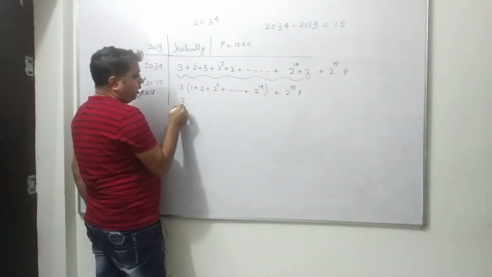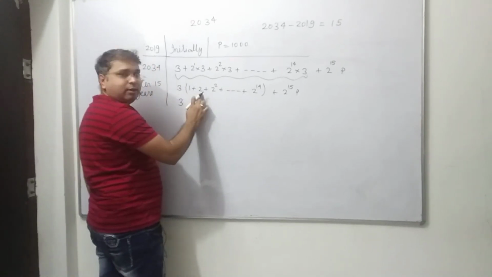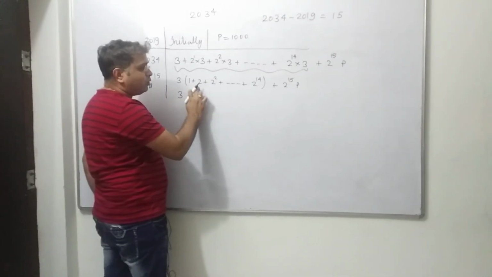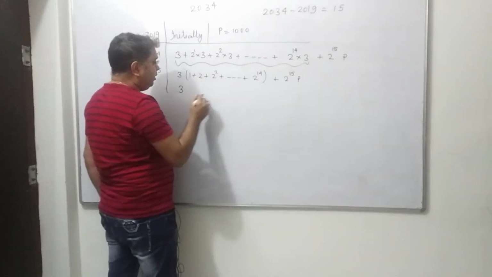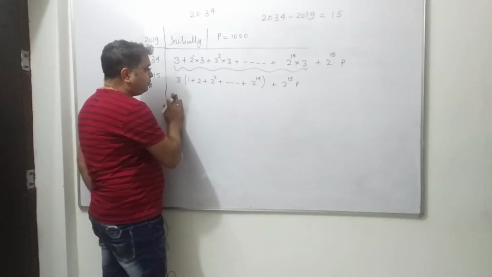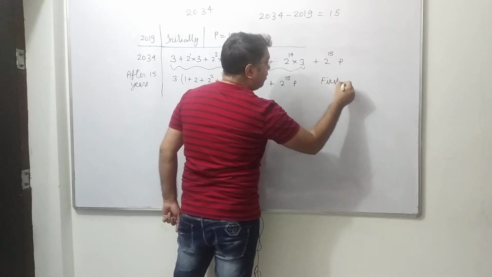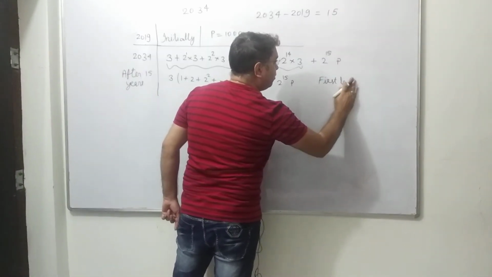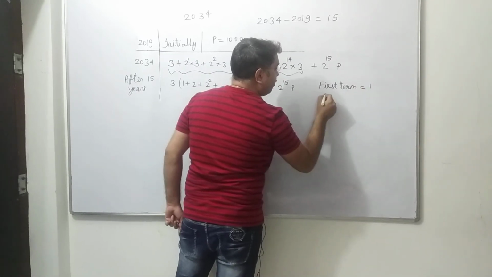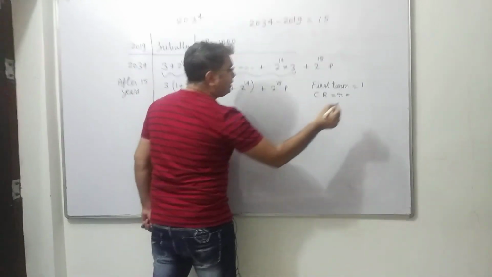Now you see, from one term to the next term, 2 is multiplied. From this to this, again 2 is multiplied. So this is forming a GP whose first term is 1 and common ratio, which we will call R, is 2.